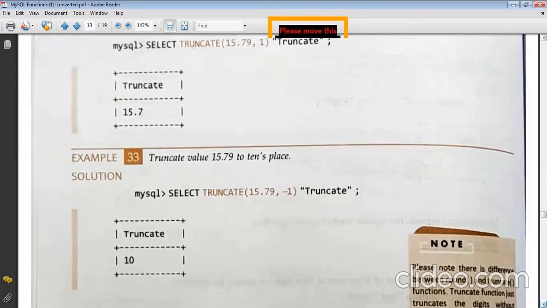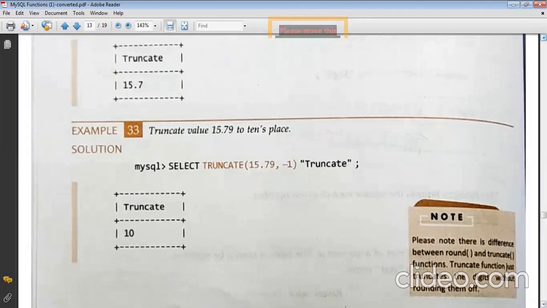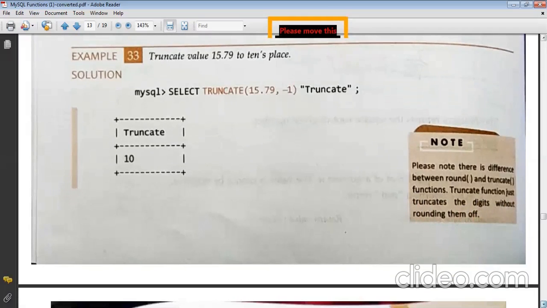When you round off, only then 20 comes. Here you do not have to round off, you just have to drop the numbers. Okay, right, sorry, my bad. In fact, you can read the note given over here. Please note there is a difference between round and truncate functions. The truncate function just truncates the digits without rounding them off. So this is how truncate and round work.